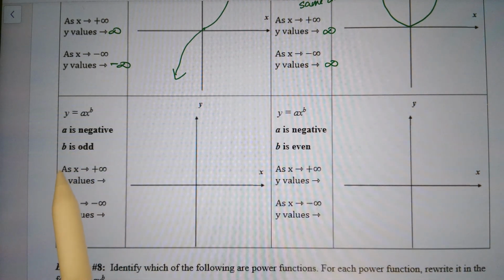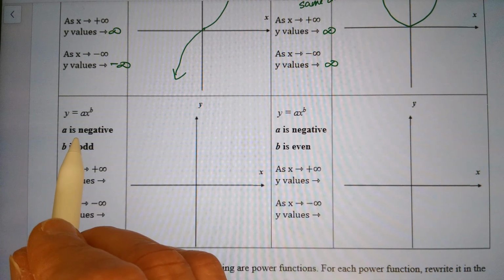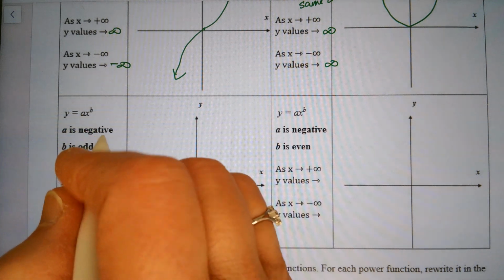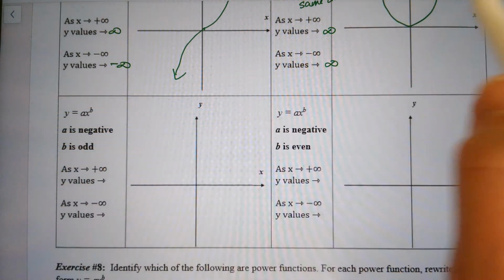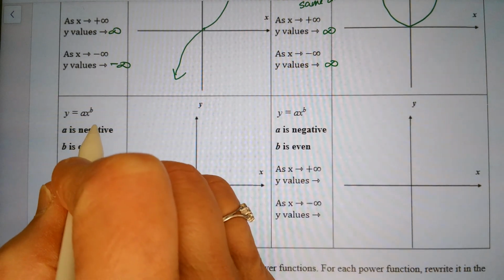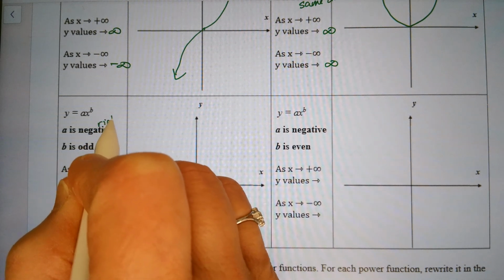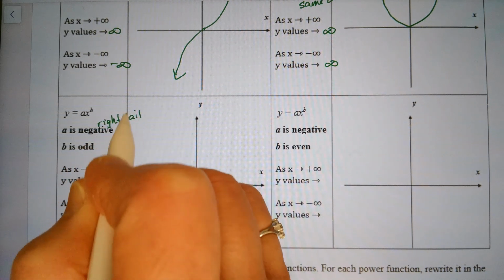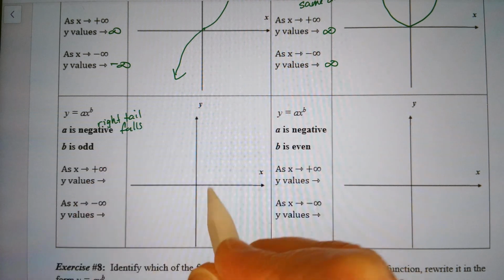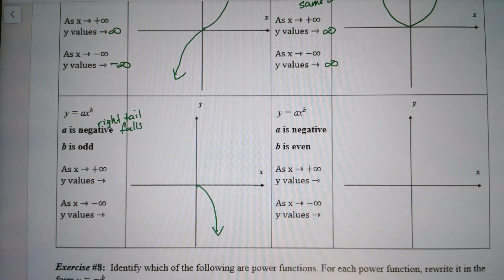Y equals ax to the b. If A is negative, that means the right tail falls. A is negative, the leading coefficient is negative, right tail falls. Like this, right tail is falling.